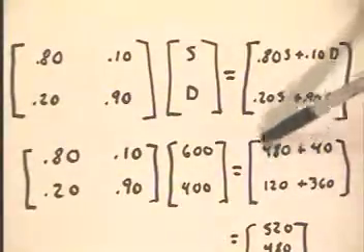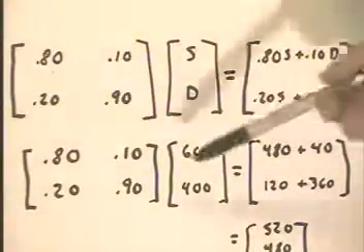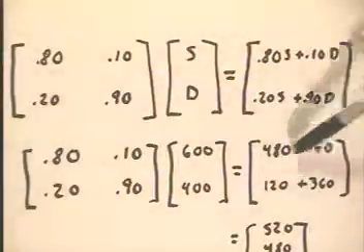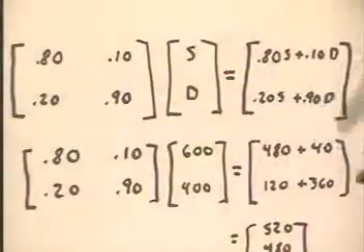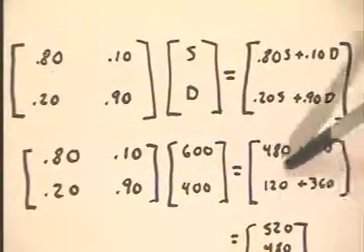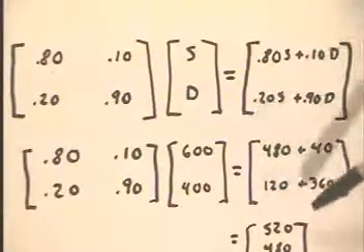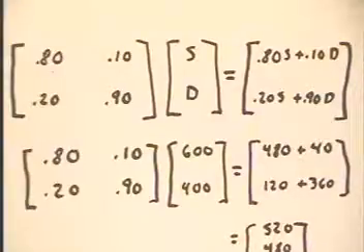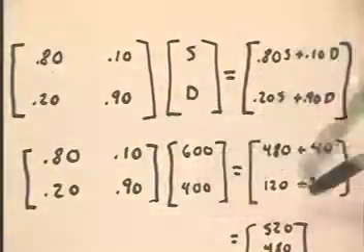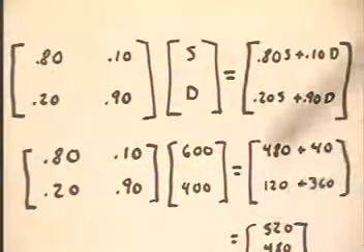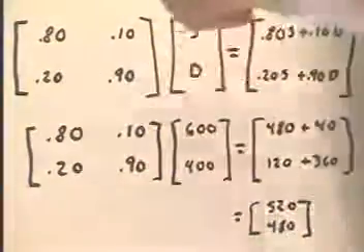The 480 would represent the number of sane that remain sane. The 40 would represent the 10% of the demented that become sane, and similar interpretations are made down here. The 120 is the number of sane that become demented. The 360 is the number of demented that remain that way, the 90% of the 400 that remain demented, giving us our result.